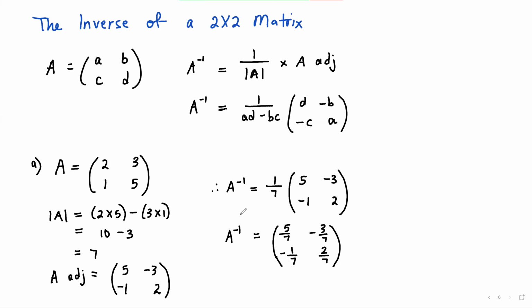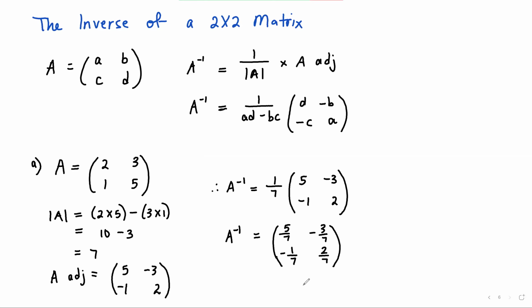So the inverse of A is found by taking 1 over the determinant of A and multiplying it by the adjoint of A. So you can do it separately like this, where you write out what is the determinant and then what is the adjoint and then put it together like how I did it here.